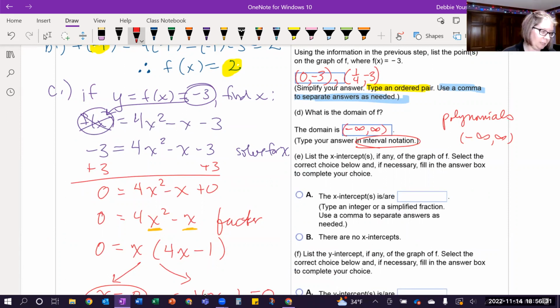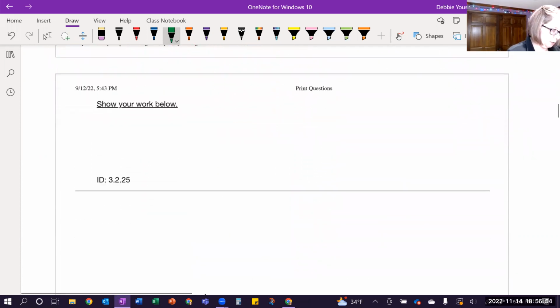Then E says to list the x-intercepts, if any, of your graph. So your x-intercepts you would get when you set the function equal to 0, okay? And so solve your x-intercepts. Do I have room down here? Yes, I do.